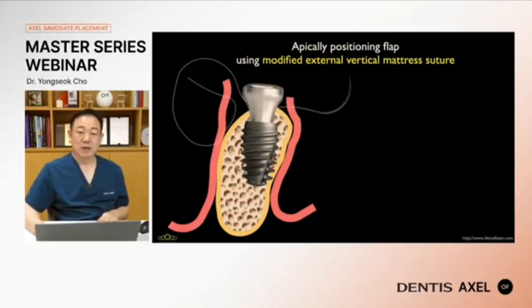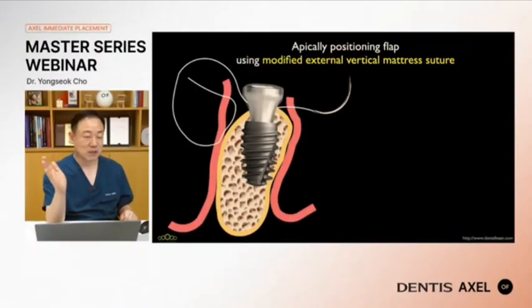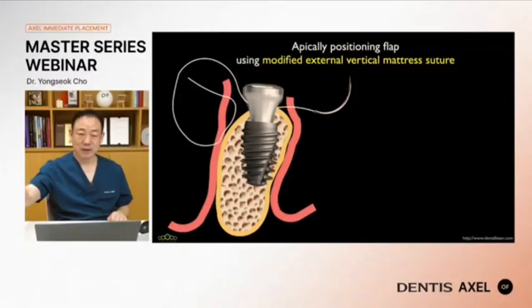Pass the needle from the coronal side to the apical side. It's better to pass the apical needle at attached tissue. That's why you should limit the amount of buccal flap elevation, and then move the needle toward the lingual side and just simply pass.